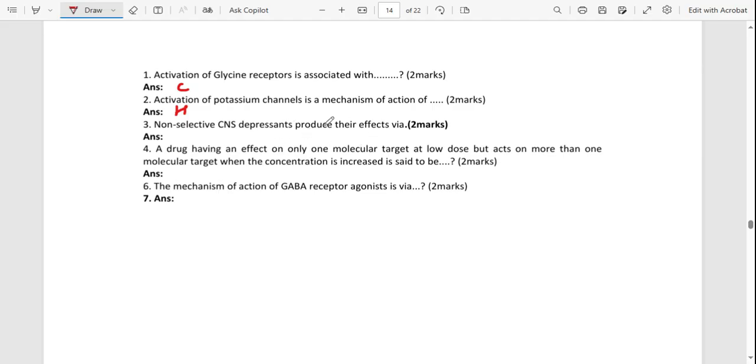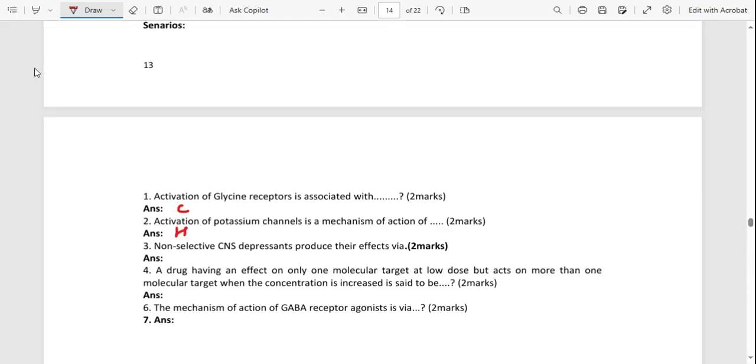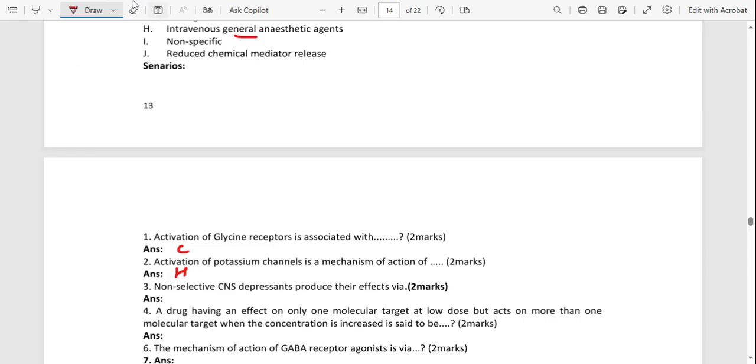Non-selective CNS depressant produce their effect via. So the CNS depressants, what they do is that they are going to activate the receptors for GABA, and GABA will basically reduce the release of other neurotransmitters or chemical mediators. A drug having an effect on only one molecular target at low dose but acts on more than one molecular target when the concentration is increased is said to be. So such a drug, it works depending on the concentration.